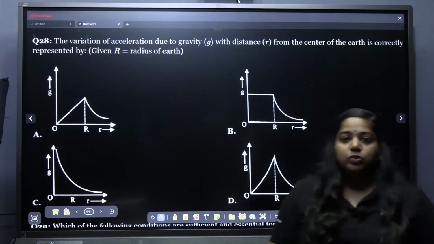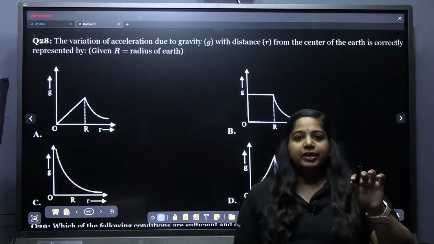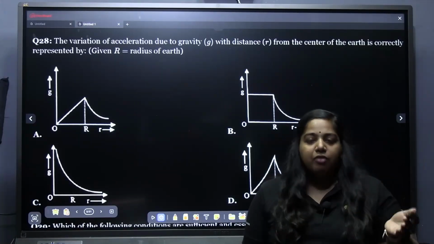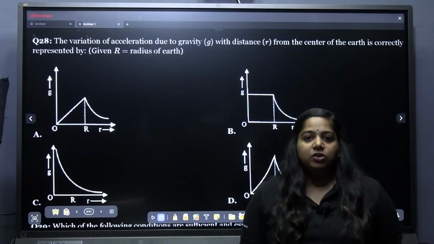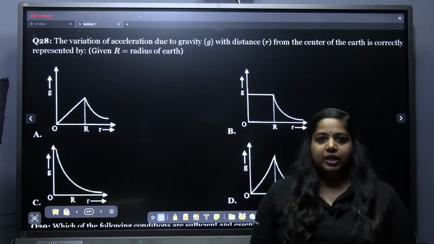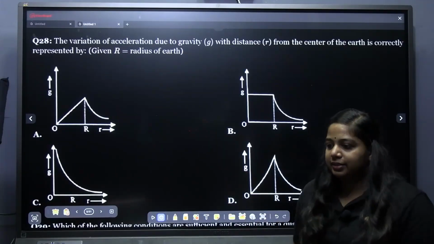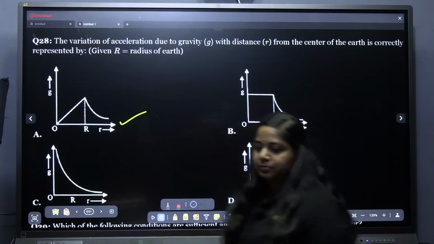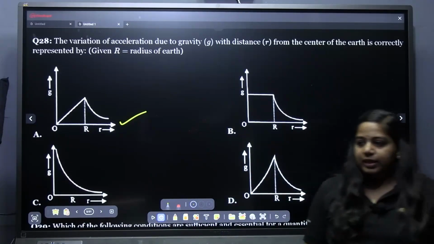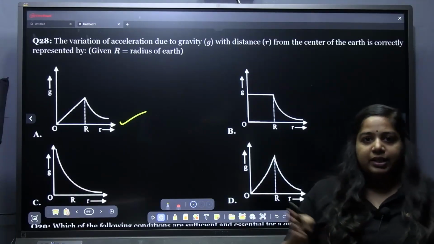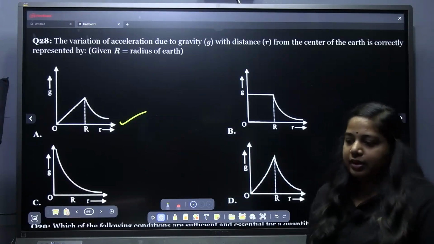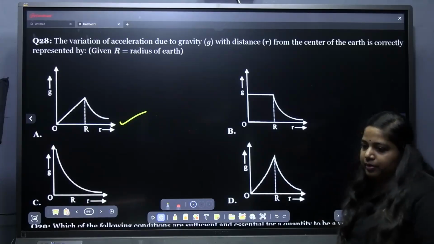As you know, earth is like a solid sphere, right? So whatever the graph of force versus distance for a solid sphere in electrostatics is, the same graph will be the answer here. So the answer is option A. I hope that's clear for all.